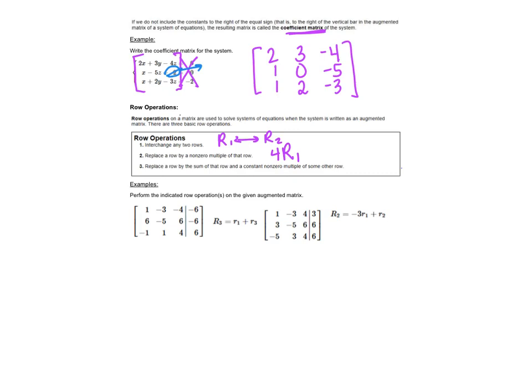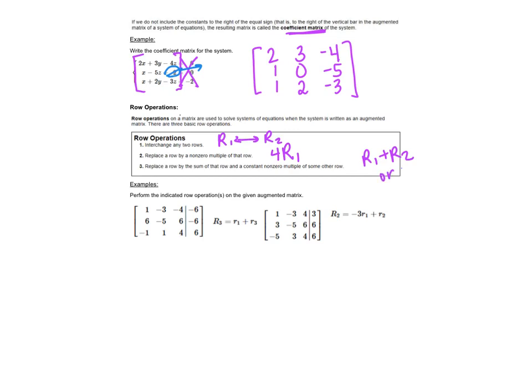Then I could replace it by the sum, adding 2 rows together, whether I'm just adding them the way that they already are, or adding them after they've been multiplied. One way I could look at that, I could have row 1 plus row 2.